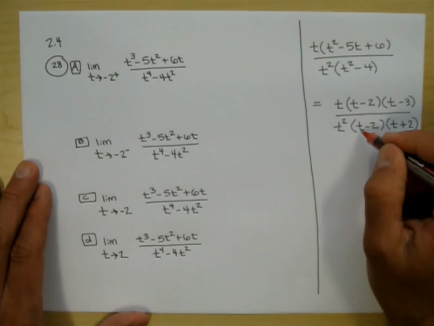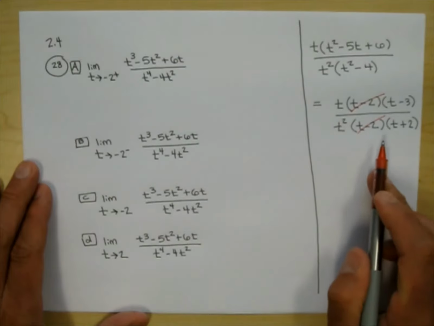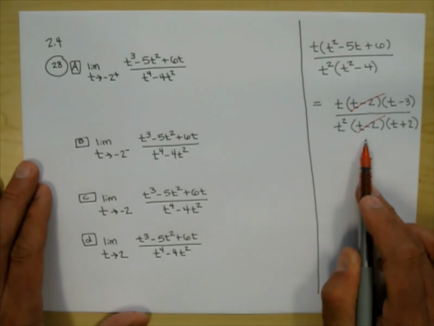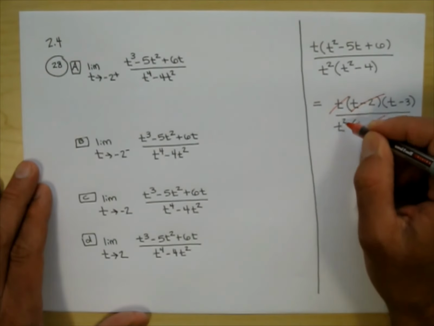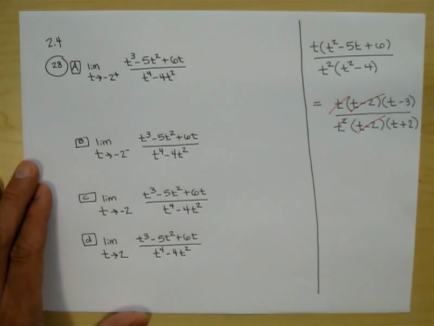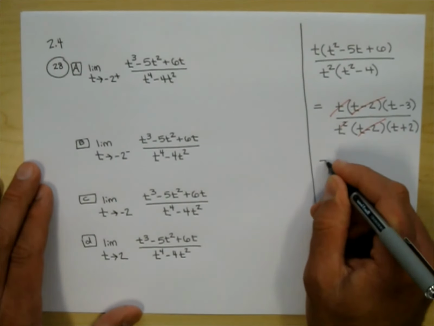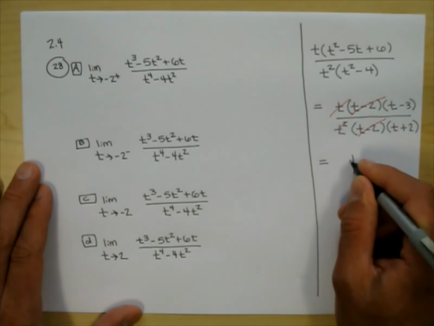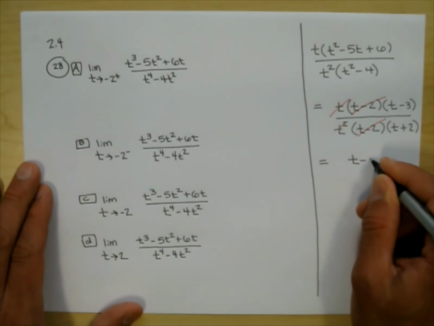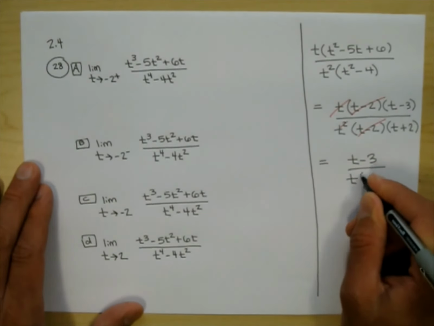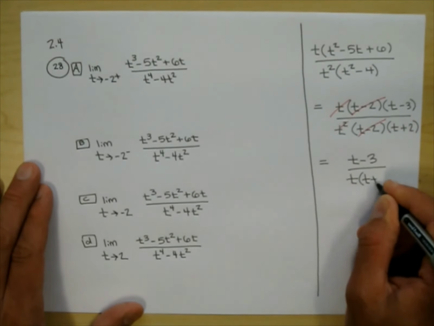When I cancel here, that tells me there's a hole in the graph at t equals 2. There's also a hole in the graph at t equals 0. But when I'm analyzing limits of this function, I can analyze the limits of t minus 3 all over t plus 2.